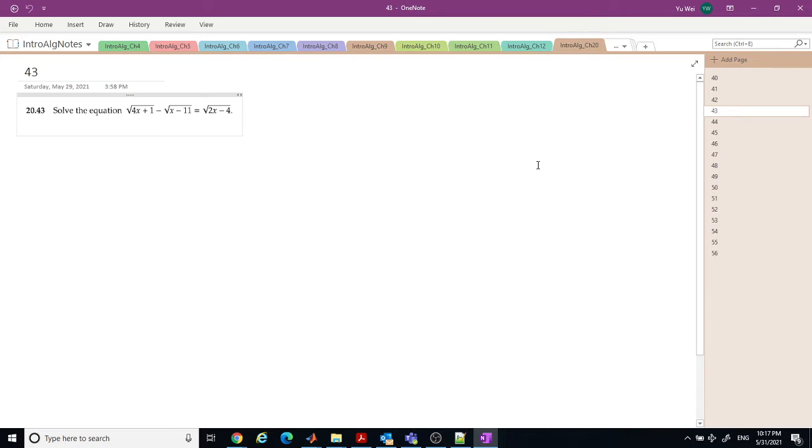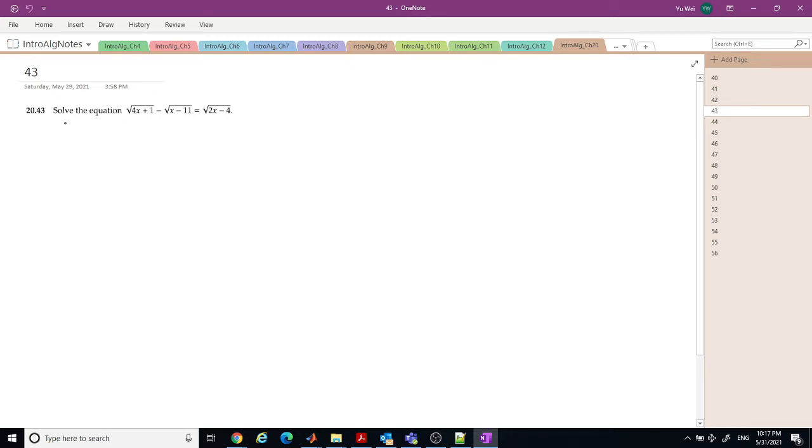Next. So this is to solve the equation with radicals, right? Okay, so now let's do it. So we can square both sides.